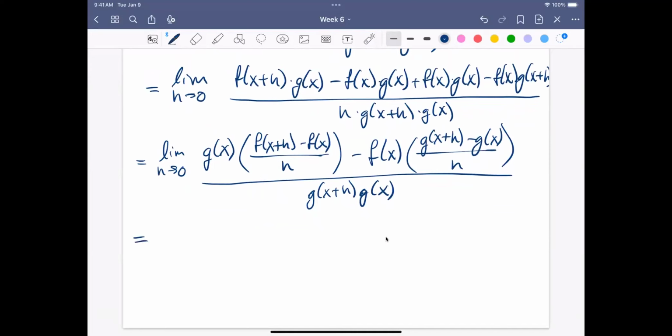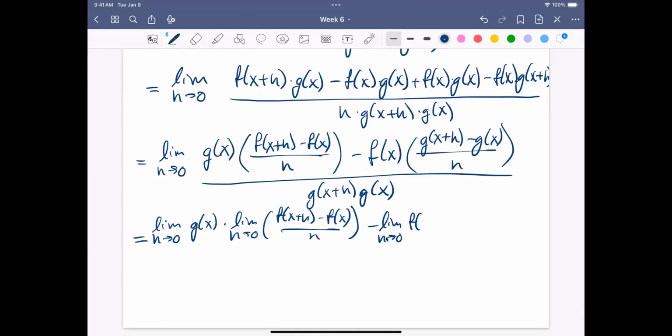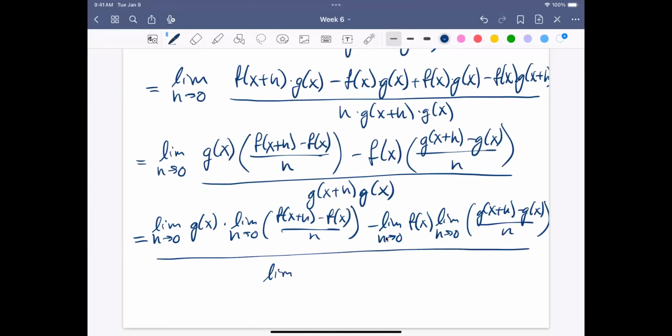And so we are going to break up all of our limits. g of x, take the limit of this f of x plus h minus f of x for h, minus limit of f of x, a limit of g of x plus h minus g of x over h, and divide that by a limit of our denominator, the g of x plus h times g of x.